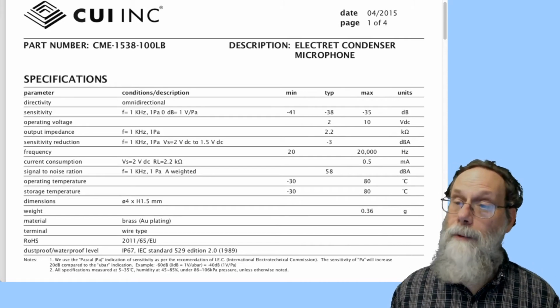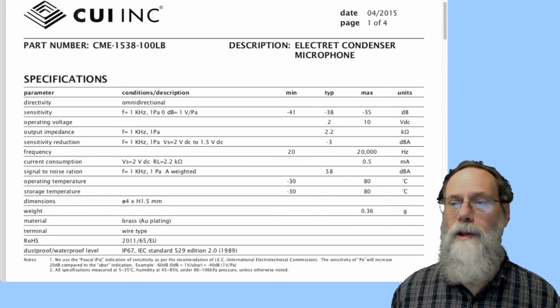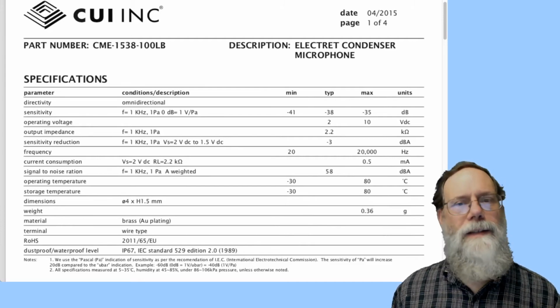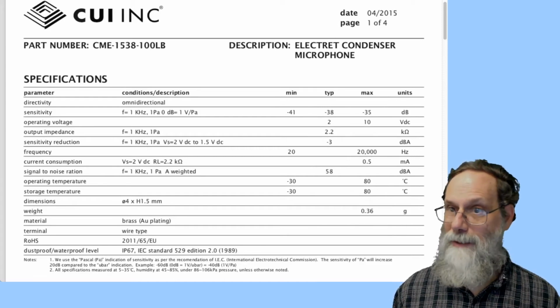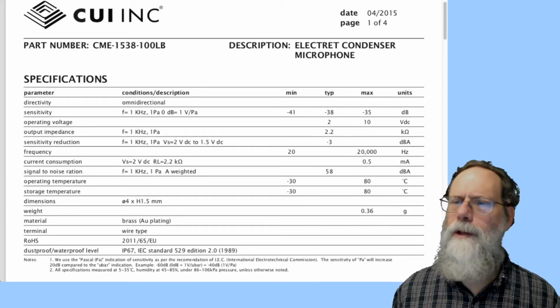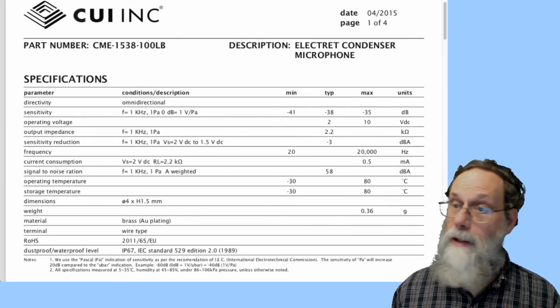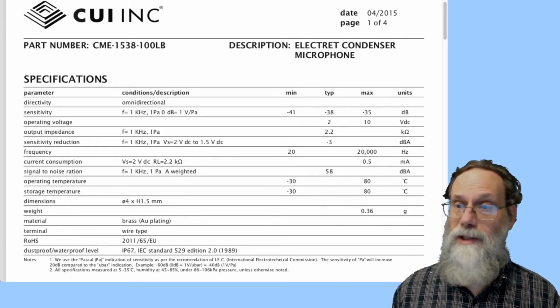Okay, we do have an operating voltage here, which says typically 2 volts, maximum 10 volts. So probably they were using 2 volts, but they might have been using something more. Then they say the output impedance at 1 kilohertz and 1 Pascal is 2.2 kiloohms. Now, it doesn't make any sense for there to be an output impedance of a microphone, because the microphone is a current device, not a resistance.